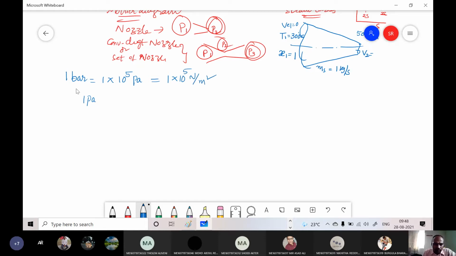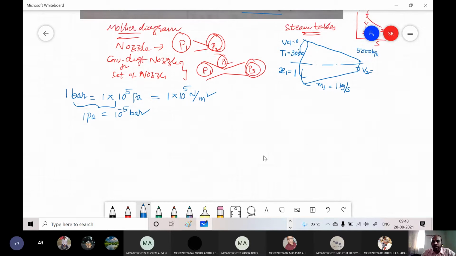From these two, 1 pascal is equal to 10 power minus 5 bar. Therefore 5000 kilopascal, that is 5000 into 10 power 3 pascal, will be equivalent to 50 bar. Agree? In steam tables we have units of pressure in bars only, not kilopascal.